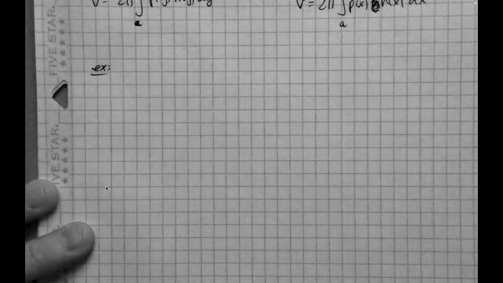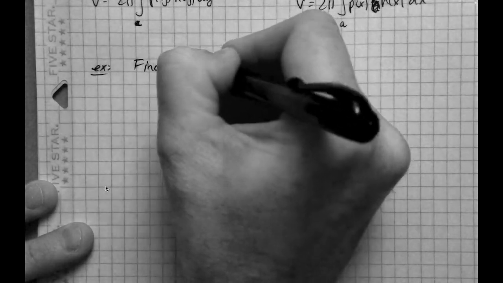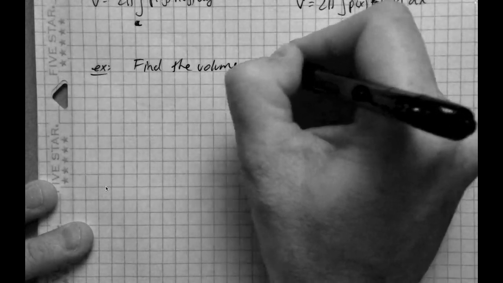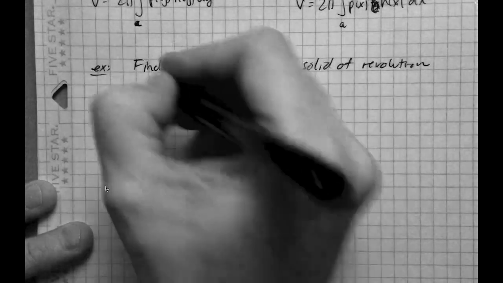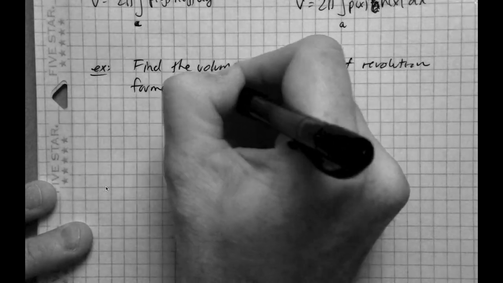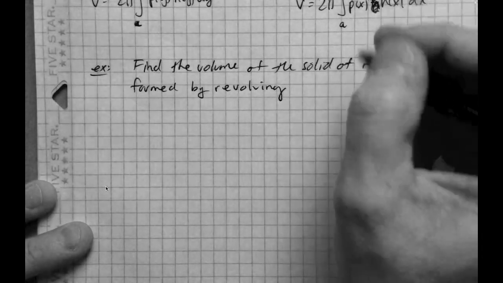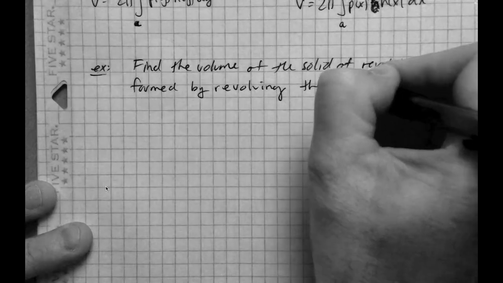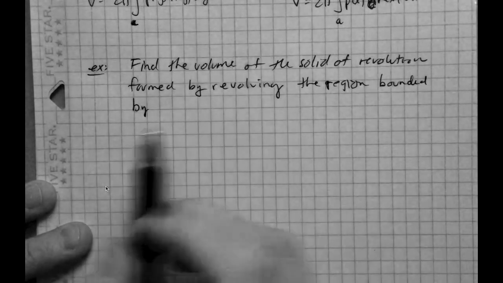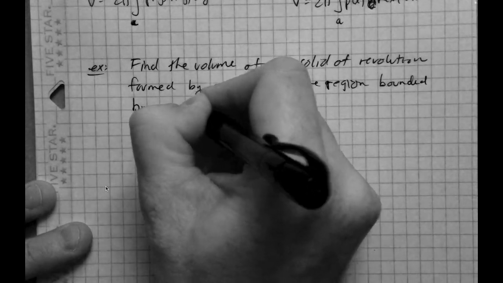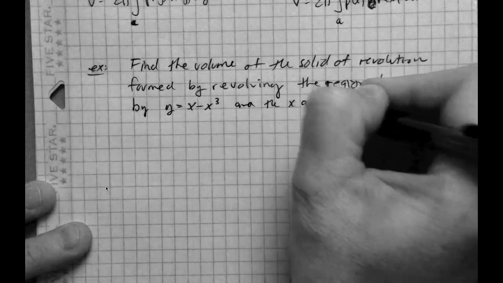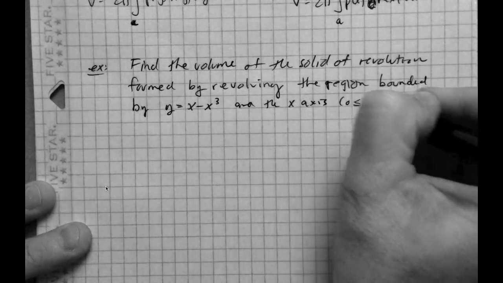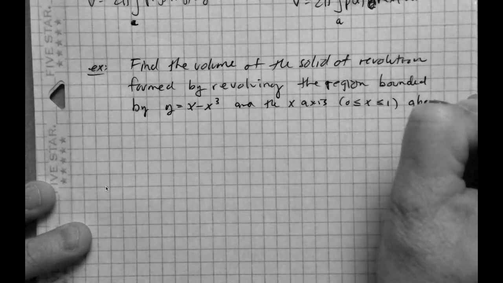Okay, so we're going to find the volume of the solid of revolution formed by revolving the region bounded by the function y equals x minus x cubed and the x-axis, 0 less than or equal to x less than or equal to 1, about the y-axis.